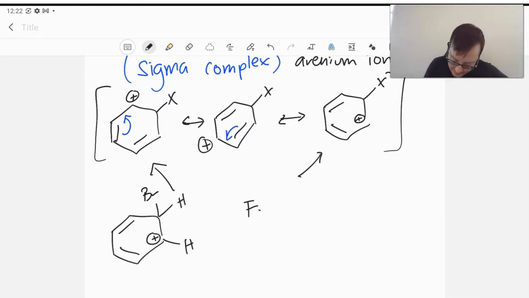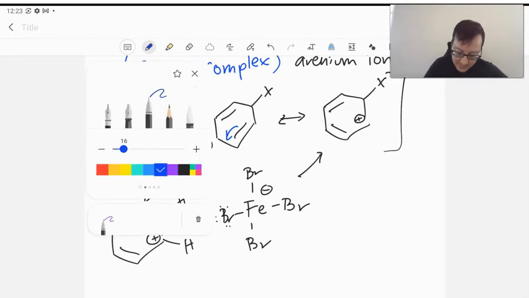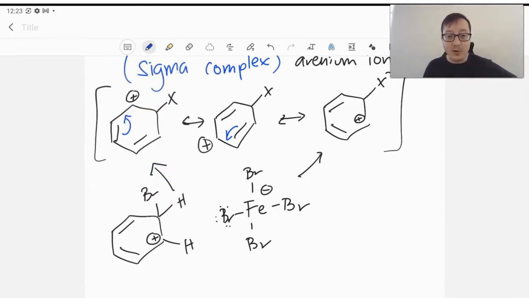What happens now is our lovely catalyst comes along, the iron that has too much electron density, and we're going to have it dissociate one of the bromines, and we're going to end up having it abstract the proton at the position that was brominated. And in doing so, we are going to reform a double bond. We're doing an elimination here.